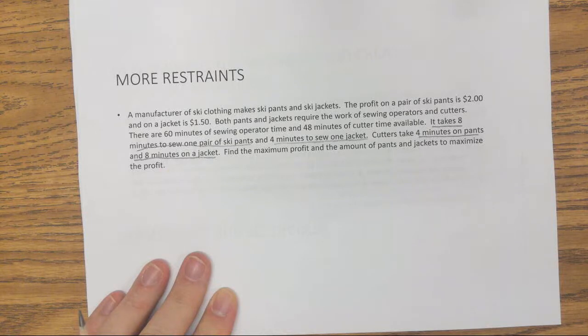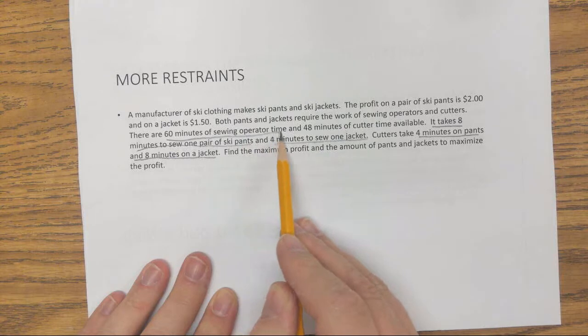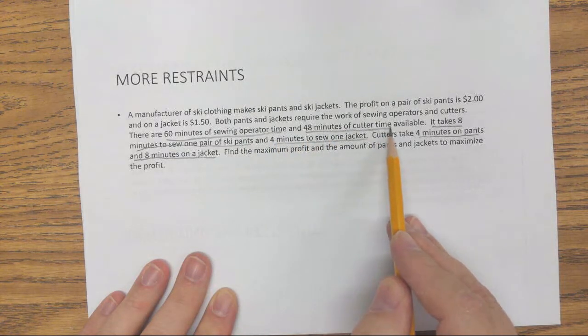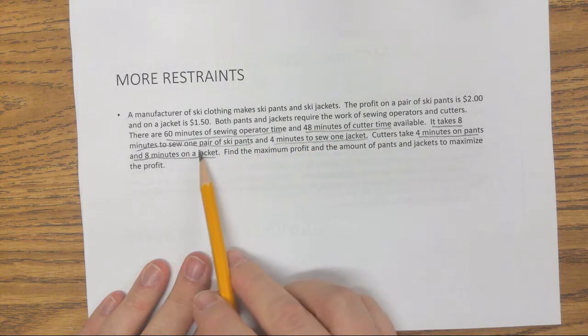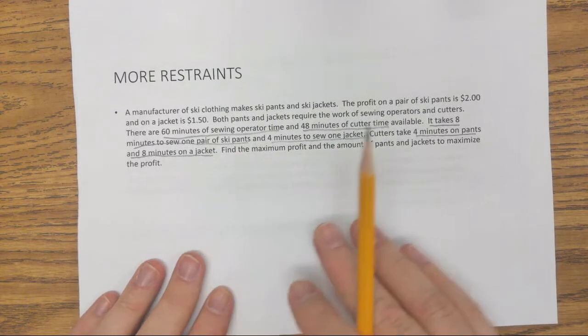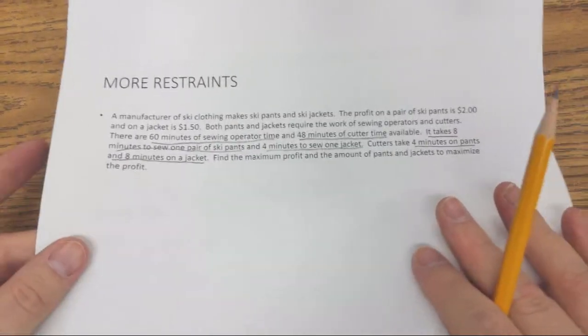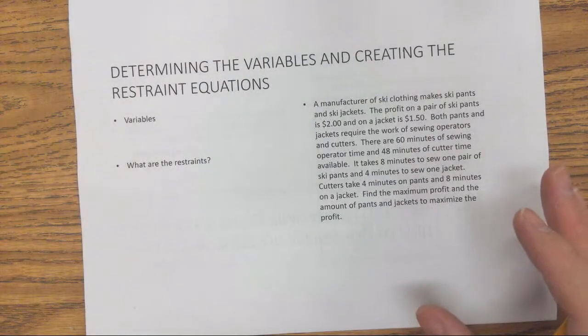So all these things together, 60 minutes of sewing operator time, 48 minutes of cutter time, all tie into the pants and the jackets. That's the important stuff right now.